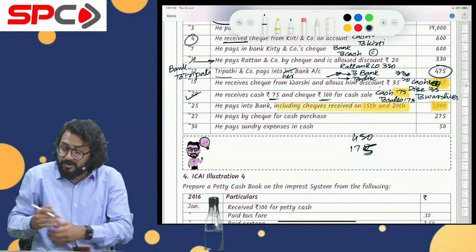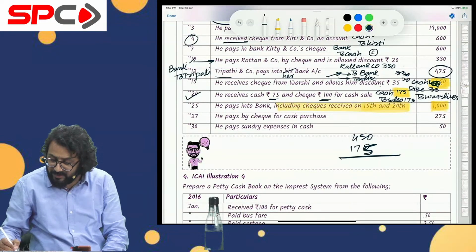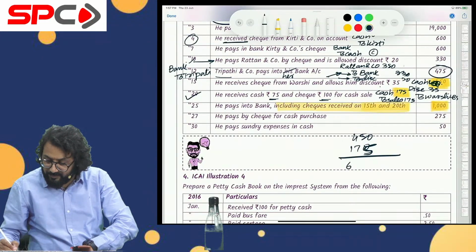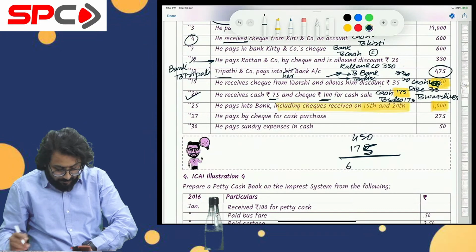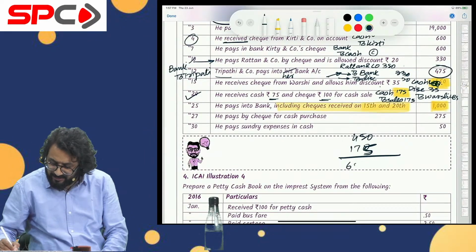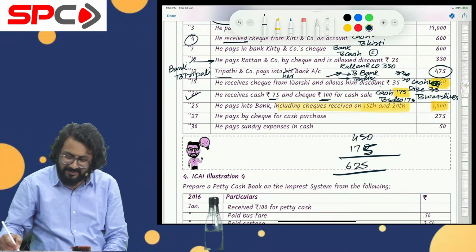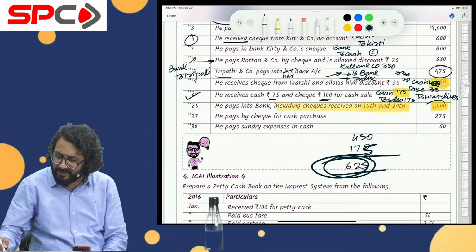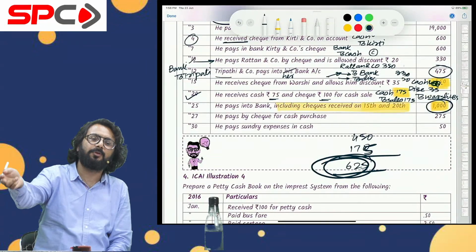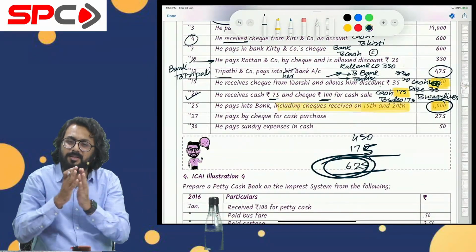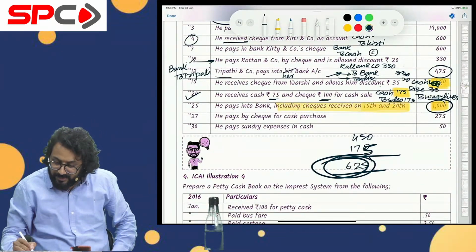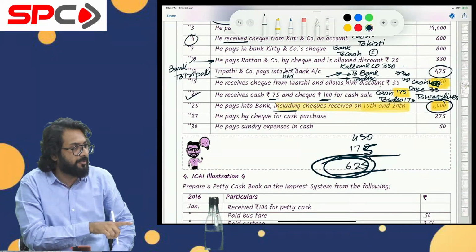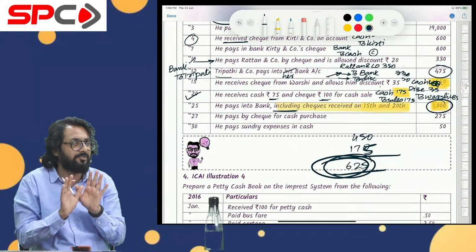But how come he is depositing 1000? He has only received how much? 625, cash and this check both together. So how come he is depositing 1000? Because he must have added some more money. Say yes or no? Yes. So the word including says that not only the check is deposited, cash is also deposited. Say yes or no? Yes.